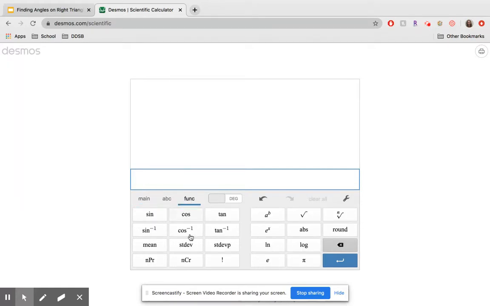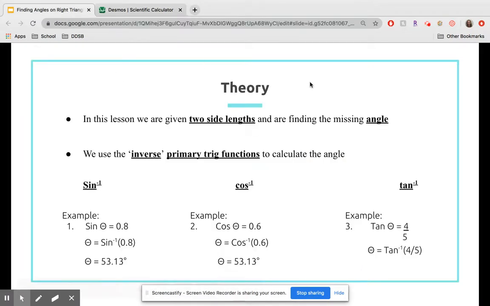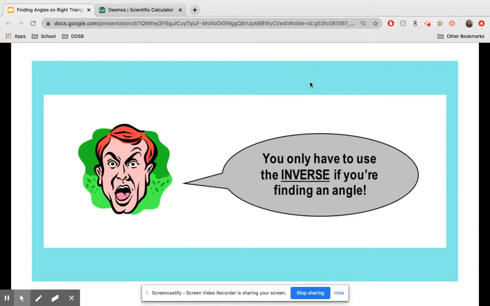Function tan inverse, and then I've got 4, and then we can do the a/b, 5. This gives me 38.66. I'm going to round the 5 to a 6 because of the 9. So we get 38.66.